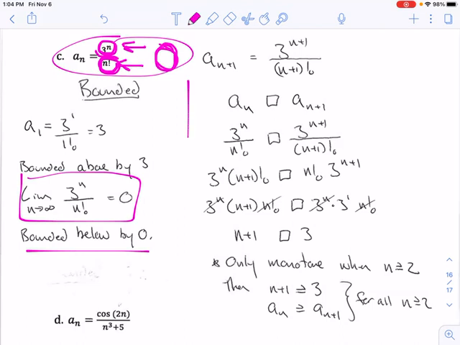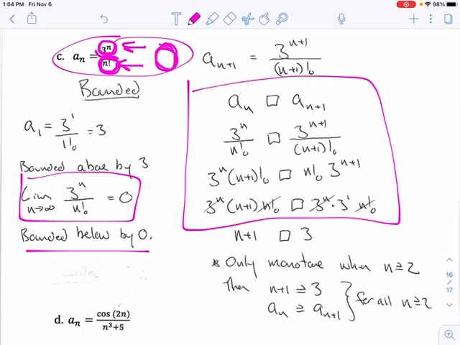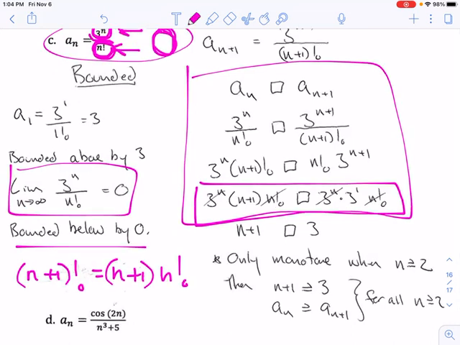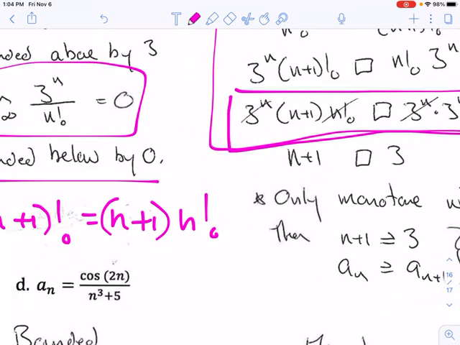You can kind of go through the algebra here. Especially when you get to this point right here, make sure that you understand what was going on here. One thing I do want to explain is that (n+1)! can be rewritten as (n+1) times n!. In other words, let's say 8 factorial.